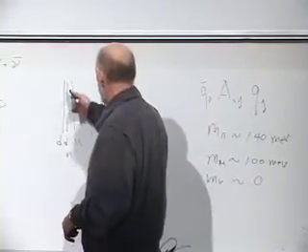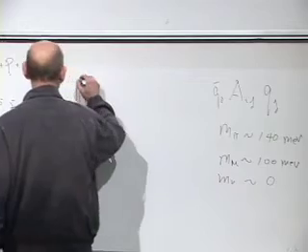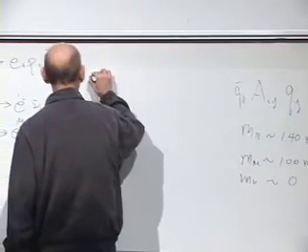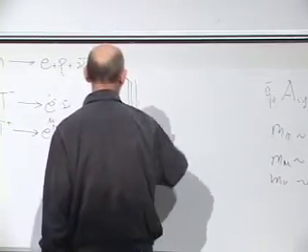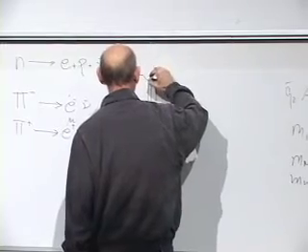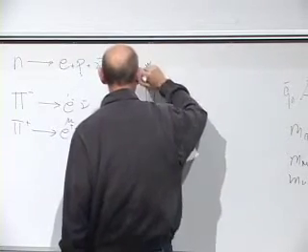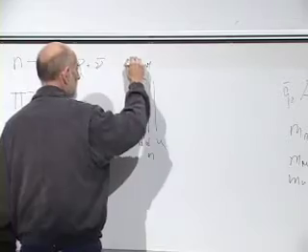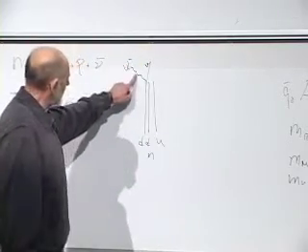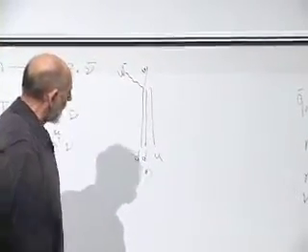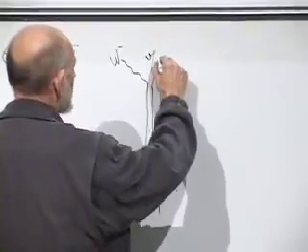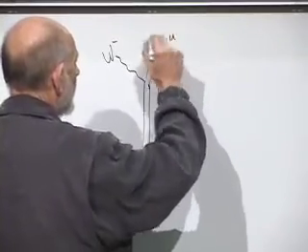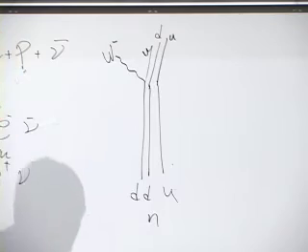What about one of the down quarks? The down quark can emit a W, become an up quark. This is again a W minus. The down quark emits a W minus, becomes an up quark, and now we have 2 up quarks and a down quark. Up, up, down. What is that called? Proton.